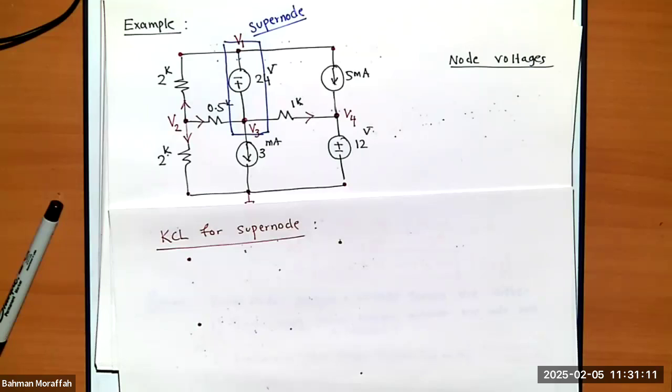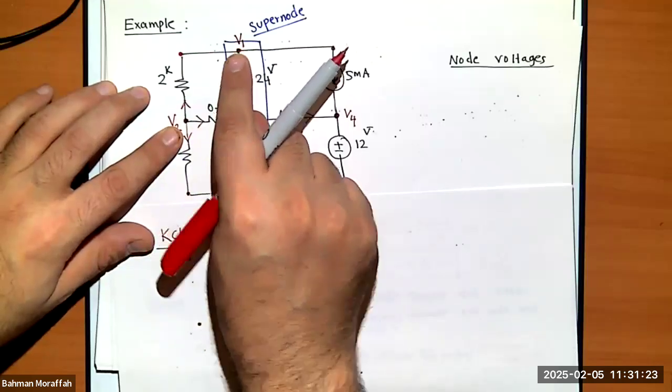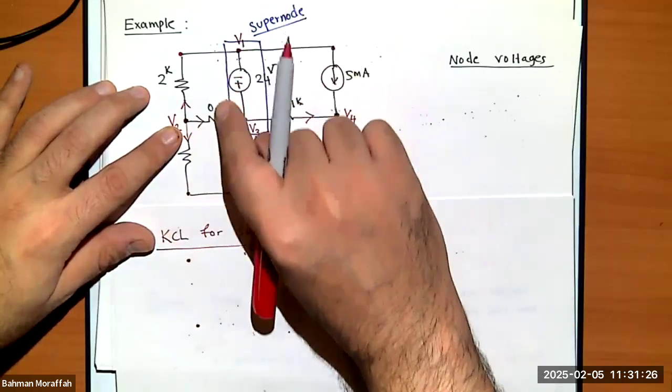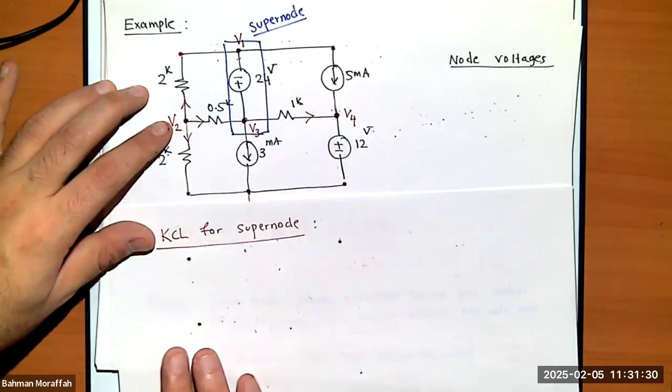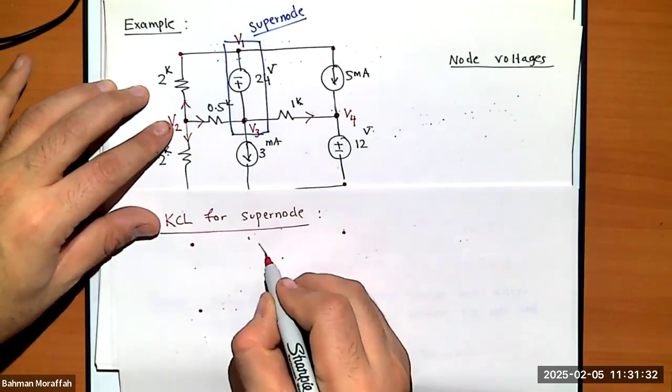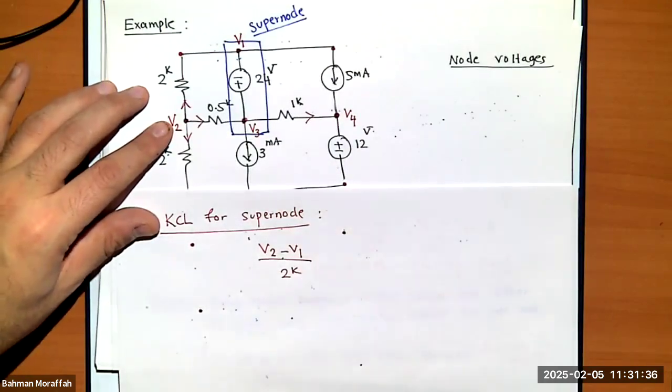So what is the KCL for this node? Again, whatever current is going in should be the same as whatever current is going out. What is the current that's going in? Well, this one is going in. Again, I look at the whole thing here as a giant node. So this one is going in, so I have V2 minus V1 divided by 2K.